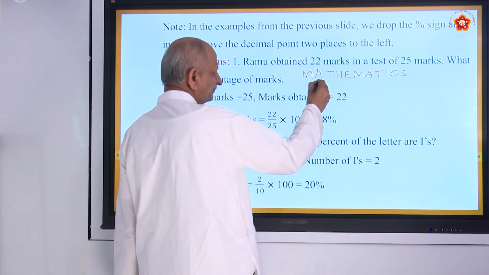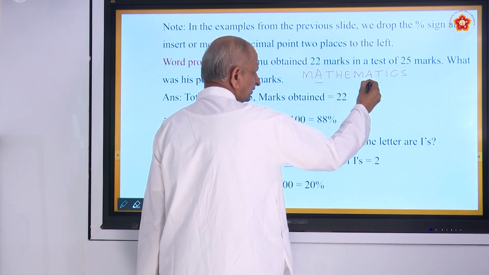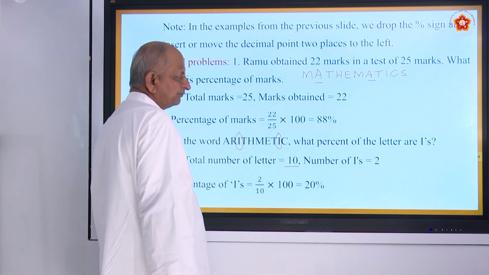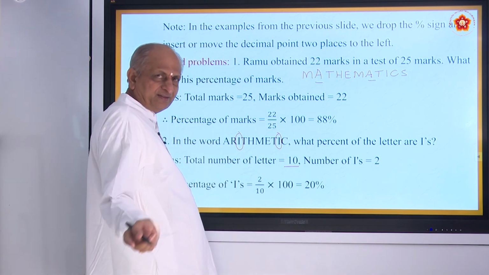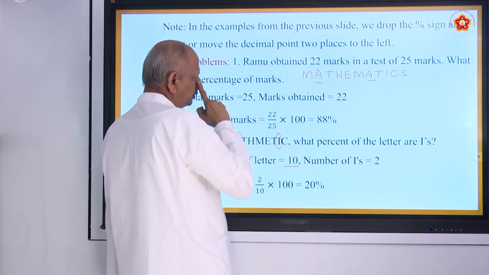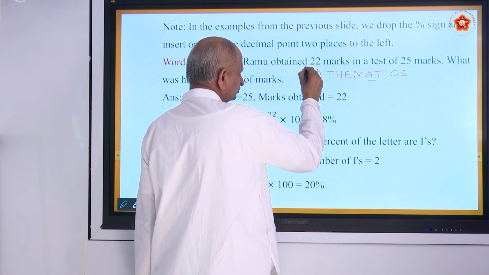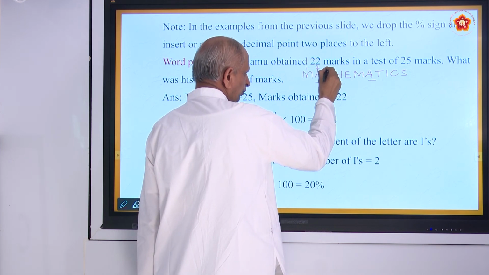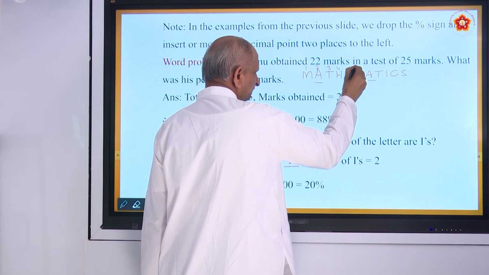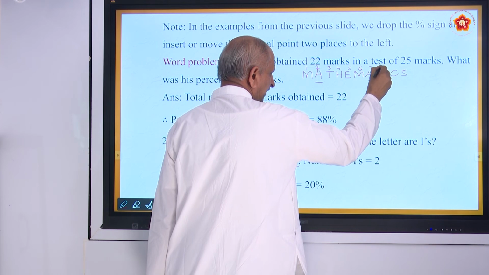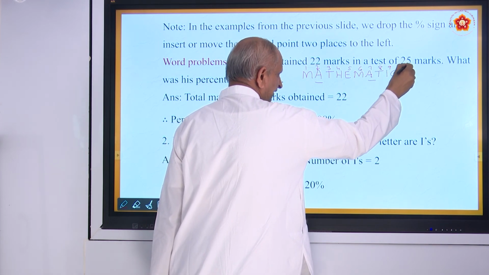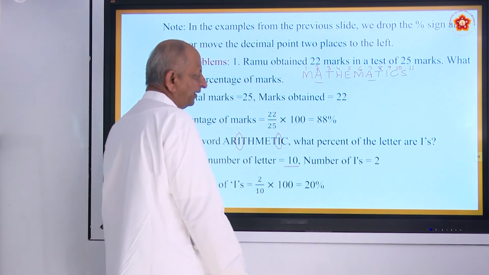That's also a vowel. 1, 2, right? You are following? 2 letters are there. Out of how many? 1, 2, 3, 4, 5, 6, 7, 8, 9, 10, 11. So 11 letters are there.